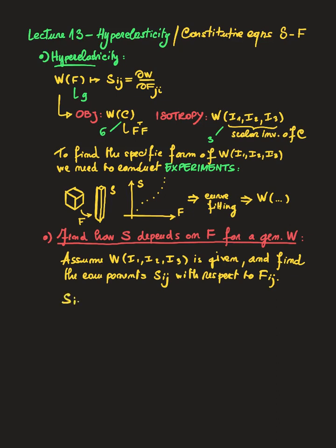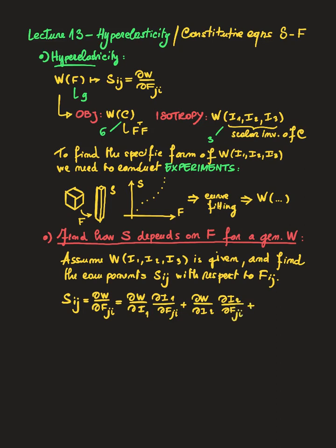Okay, so let me put an end to the definitions, and let's start to compute. First of all, we have that stress Sij is the derivative of W relative to Fji, but W is a function of the three invariants. So this can be broken down as the derivative of W with respect to I1 times the derivative of I1 with respect to Fji, plus the derivative of W with respect to I2 times the derivative of I2 with respect to Fji.